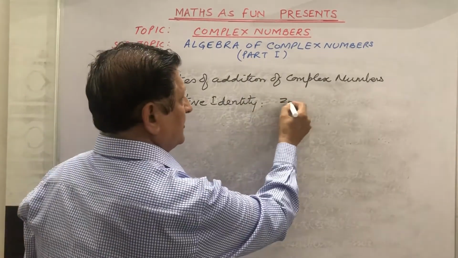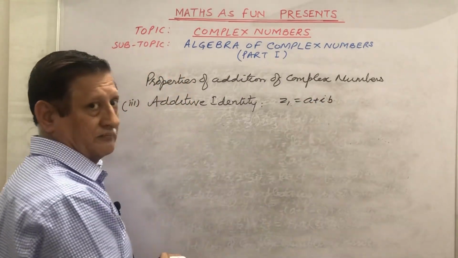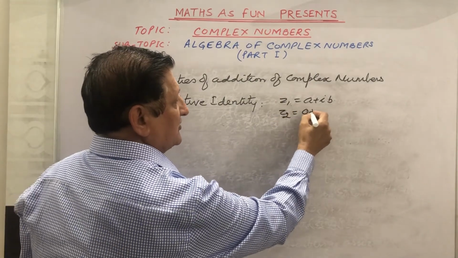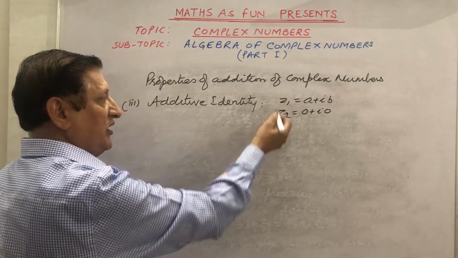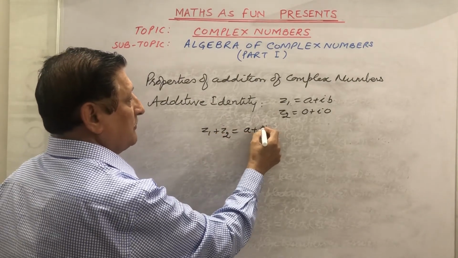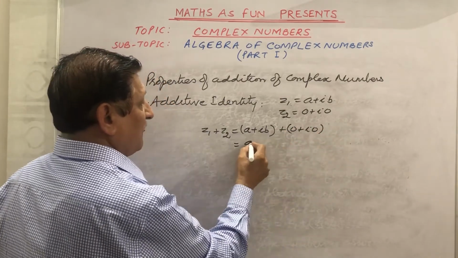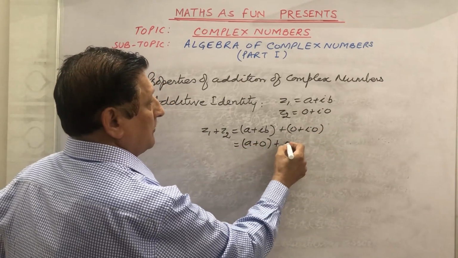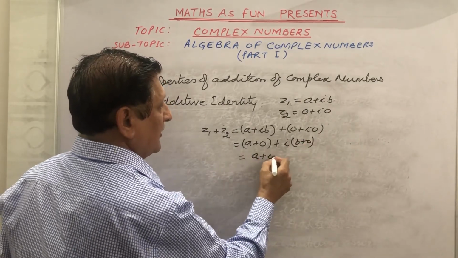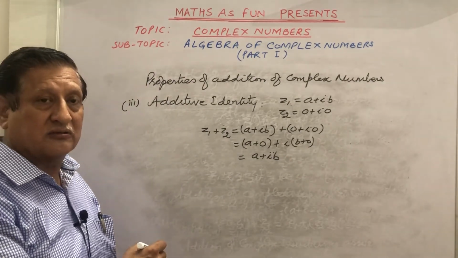If we have a number Z1 that is equal to a plus iota b, and we have another number Z2 that is 0 plus iota 0, and we add both, Z1 plus Z2, that is a plus iota b plus 0 plus iota 0, then we will find this as a plus 0 plus iota b plus 0, which is a plus iota b, because 0 is the additive identity for real numbers.